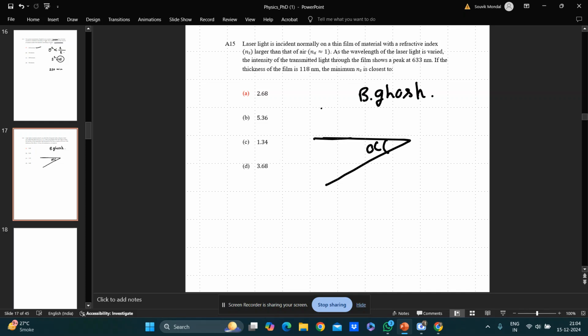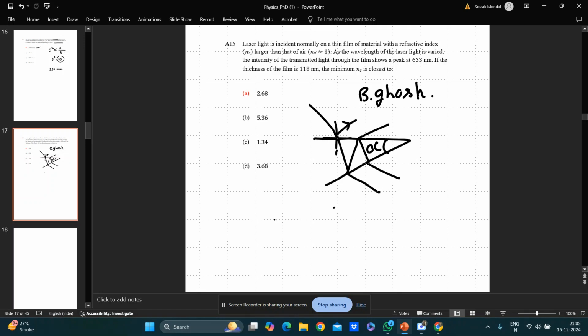If a ray falls here, some part is reflected and some part is transmitted, and then some part is again reflected and some part again transmitted. So there are two kinds of interference: due to the reflected rays and due to the transmitted rays.